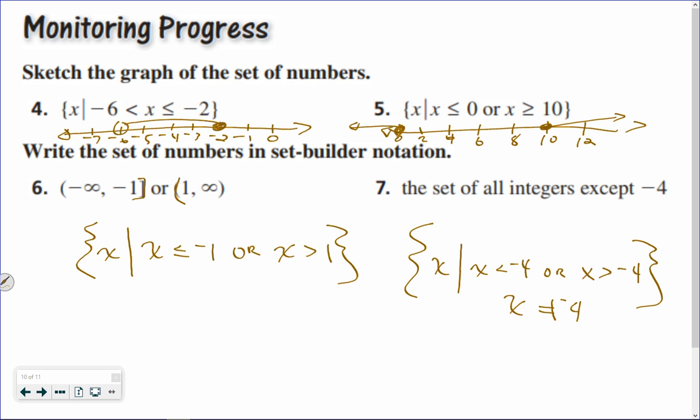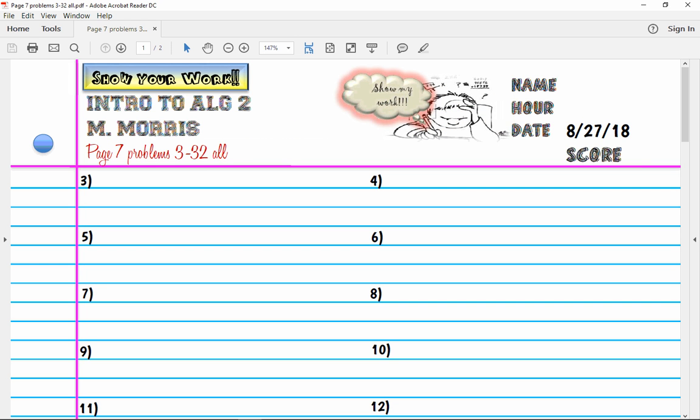Okay. All right, any questions? You guys feel pretty good about that? Okay, you should have got a sheet that looks like this. Let me pull it up real quick. If you notice at the top, it says what?